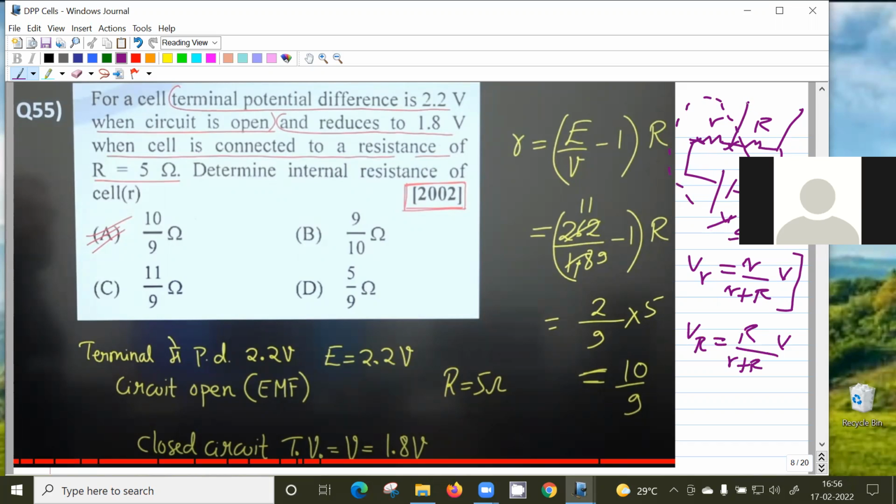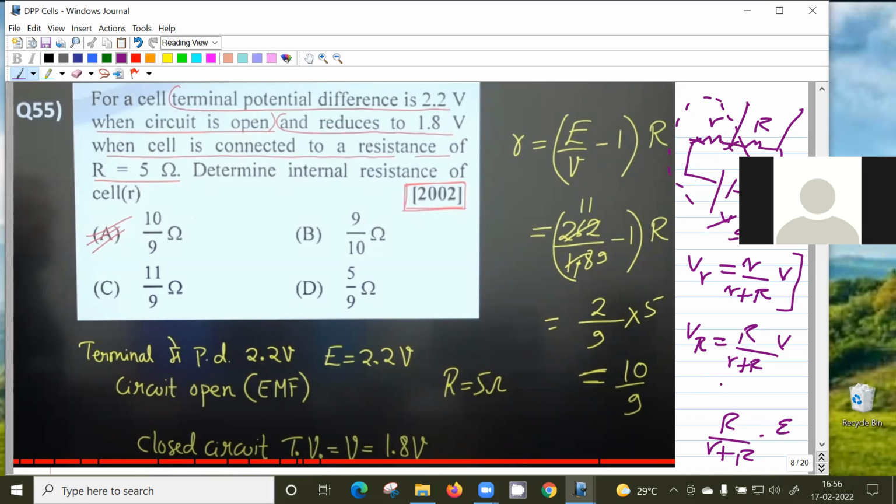The terminal voltage is the voltage across capital R. Yes or no? Yes, sir. So the voltage across capital R will be R divided by the total resistance r plus R, into the total voltage, that is the cell EMF. So this is the answer.